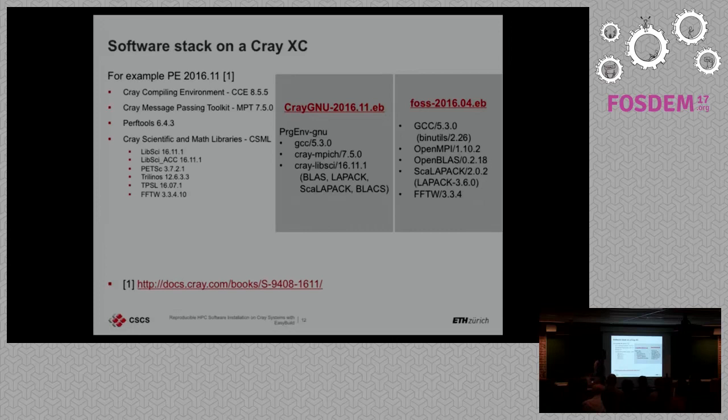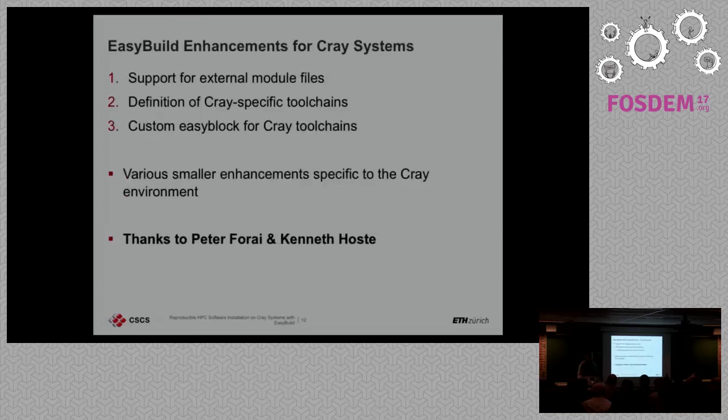So we just created, actually Peter and Kenneth created the easy block and the toolchain for Cray, for GNU compilers, Intel and the others, mapping the programming environment available on Cray to EasyBuild, so that we can use the Cray toolchain as any other toolchain that already existed in EasyBuild.